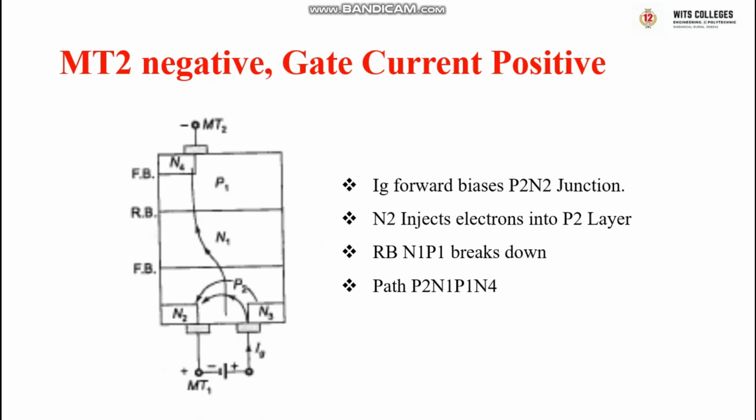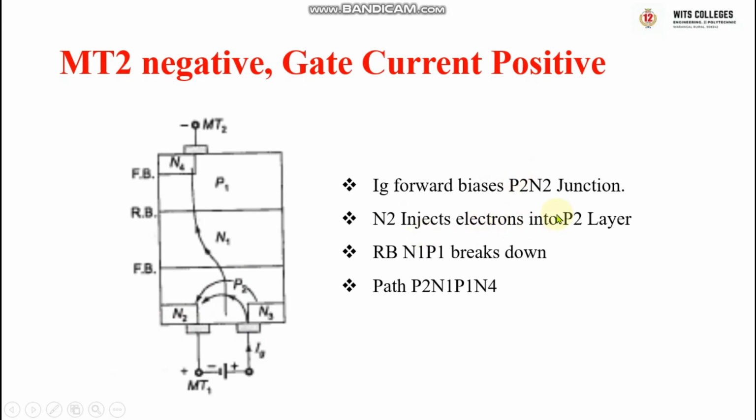Next, MT2 negative, gate current positive. The MT2 terminal is negative, gate current is positive. During this condition, IG forward biases the P2 N2 junction. Initially P2 N3 is the conducting path, but when the charges are injected into the P2 layer, it forward biases the P2 N2.